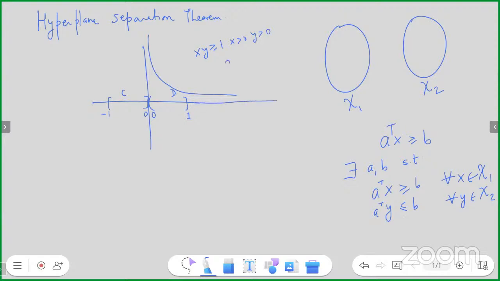So this is my C. Can you produce a D, such that they are disjoint, but you can't produce a hyperplane? X-axis.